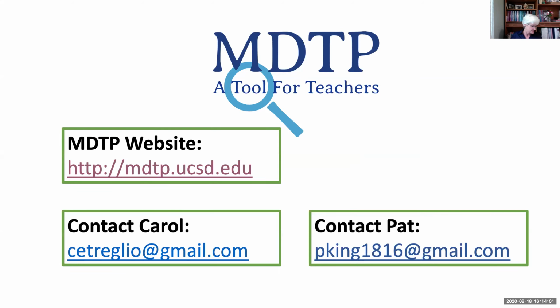If you think this would be a presentation that you would want to share with your department live, as school outreach facilitators, we can do a Zoom meeting with your department if you think that would be helpful to help them set up their testing or interpret their scores. So just let us know either through the MDTP website or contact us personally.